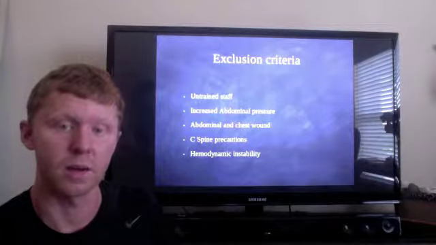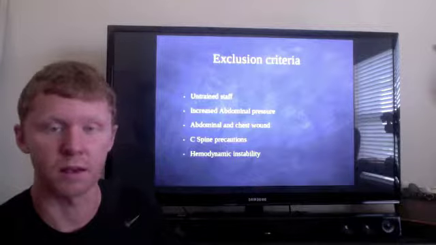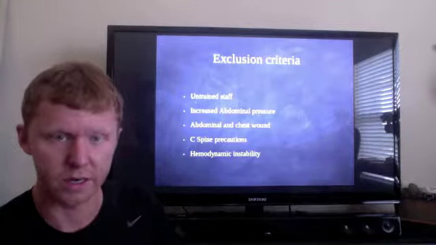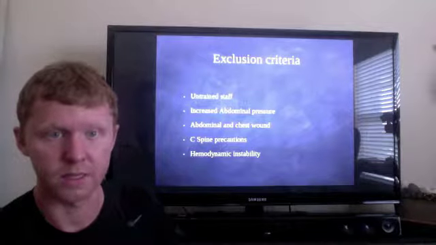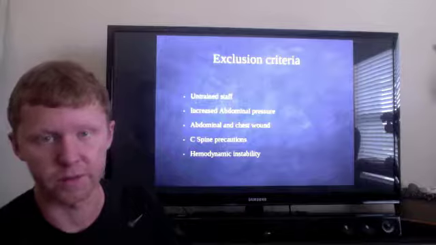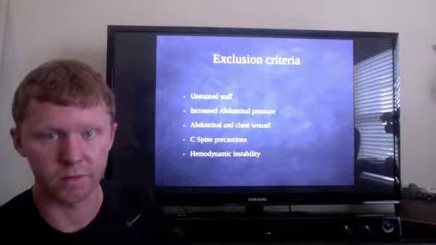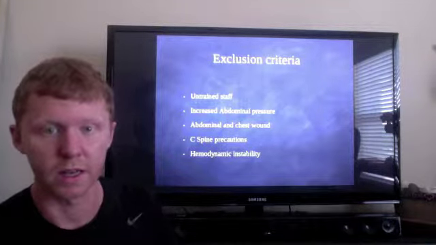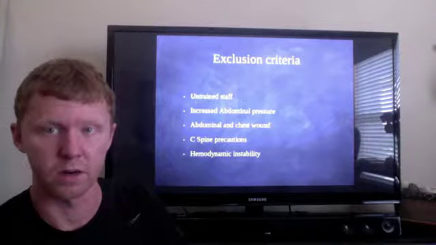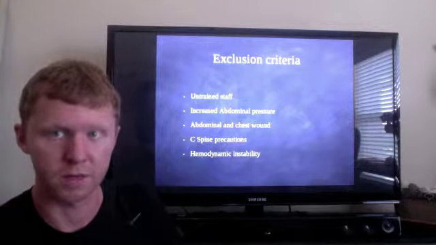And then abdominal and chest wounds, the same thing. And then C-spine precautions. If someone has a cervical fracture, you want to be very careful, and it would probably exclude them from being able to do this. And then hemodynamic instability. You wouldn't want to put someone on their stomach if they're not hemodynamically stable.